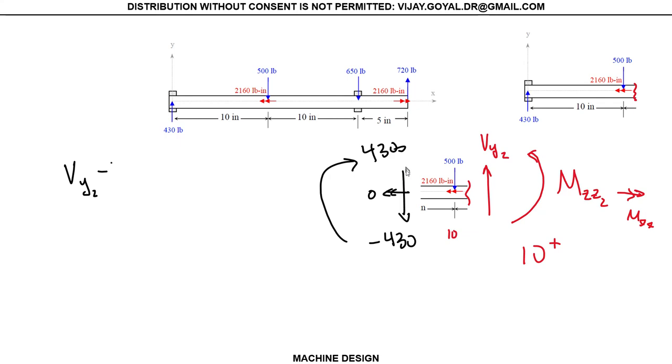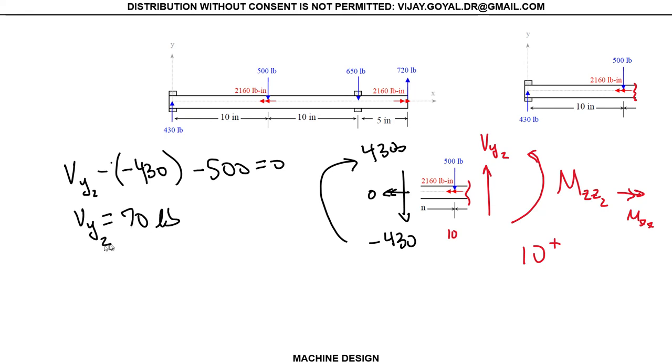The arrow is going downwards. The value is negative. And this is going downwards. This is 0. So Vy is actually equal to 70 pounds. Vy2 is constant. At this point, it's going to be just a value.